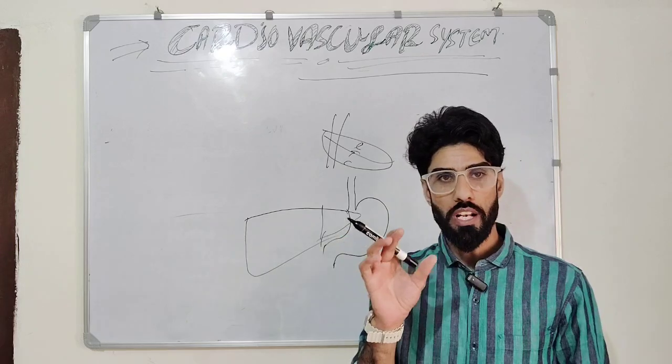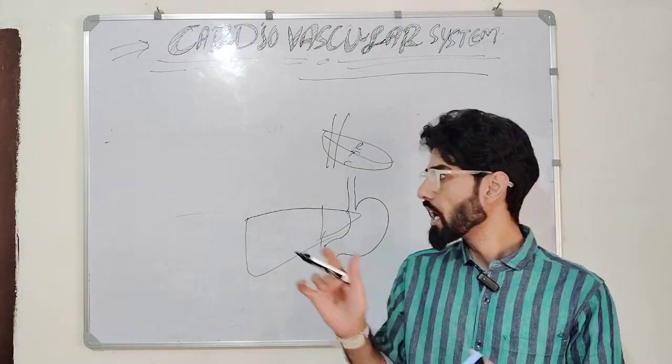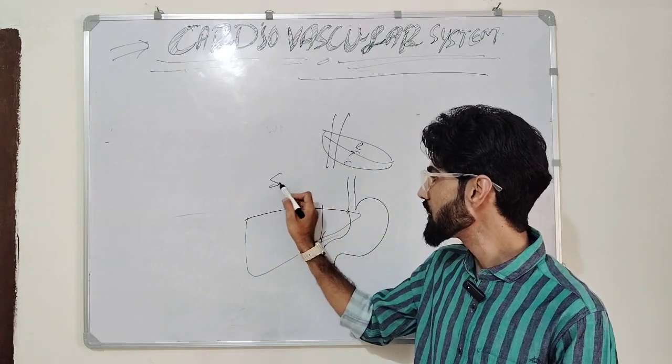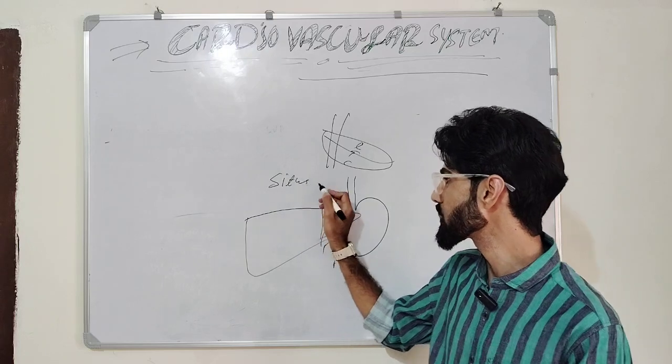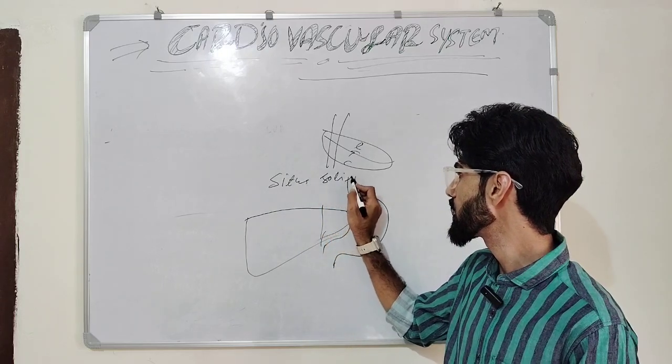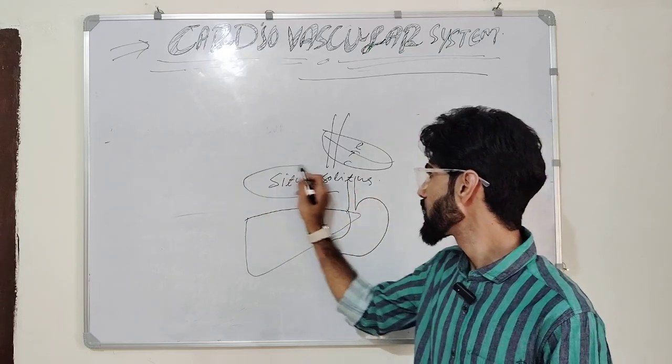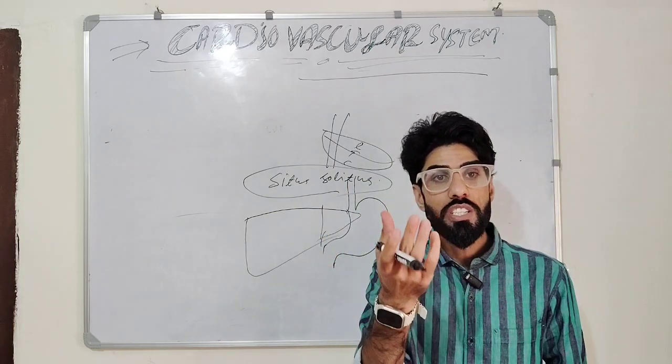So these are the normal structures, and this condition is called situs solitus.